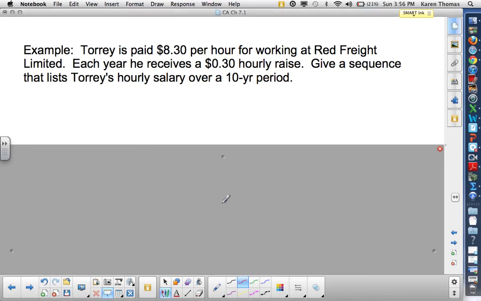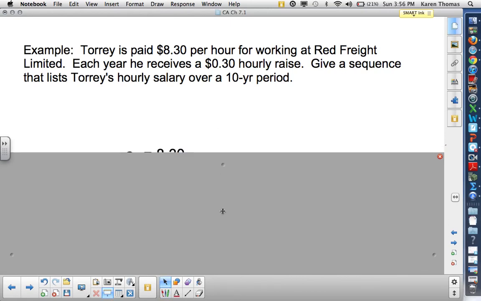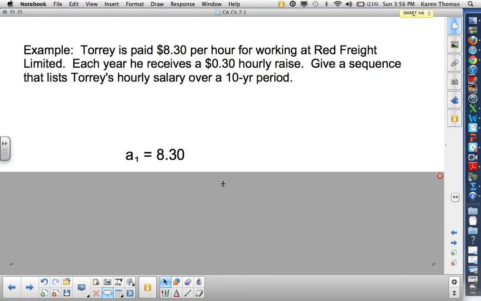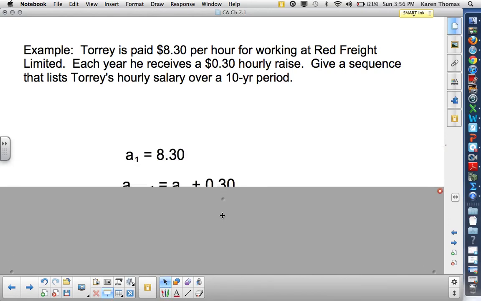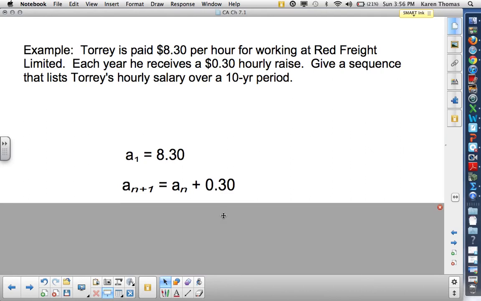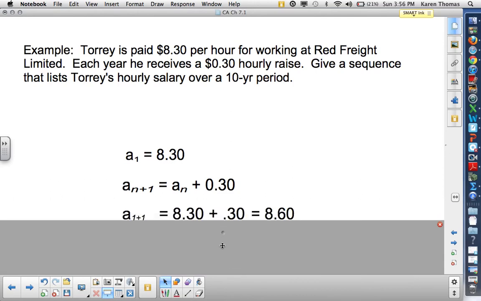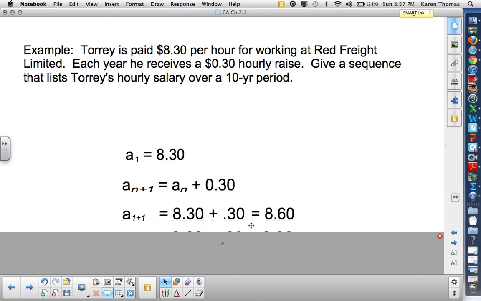So what I did is simply used a formula where we know a sub 1 is equal to 830. And each year he gets a 30-cent raise. So for the first year, it's a sub 1 equals 830. Second year, we take this 830, we put it in for a sub n, and we add 30.